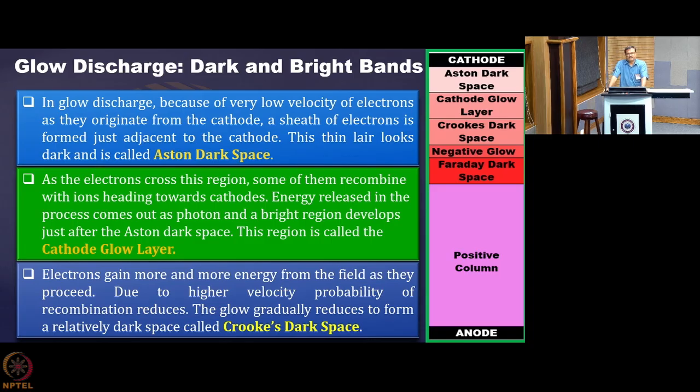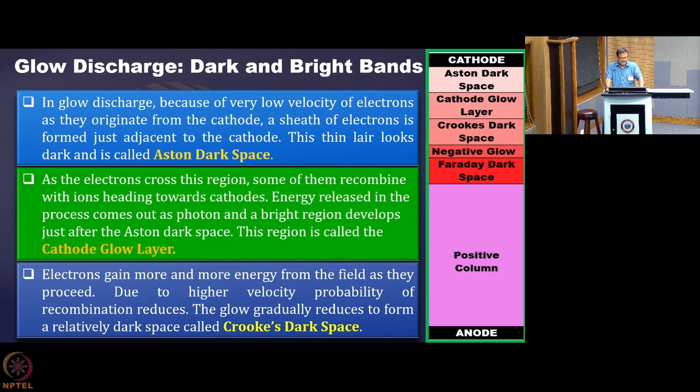They are not very highly energetic and not able to excite the atoms, and they are rather retarded because of the seed of electrons that has been formed. So they form a dark space adjacent to the cathode, and that is called the Aston dark space.